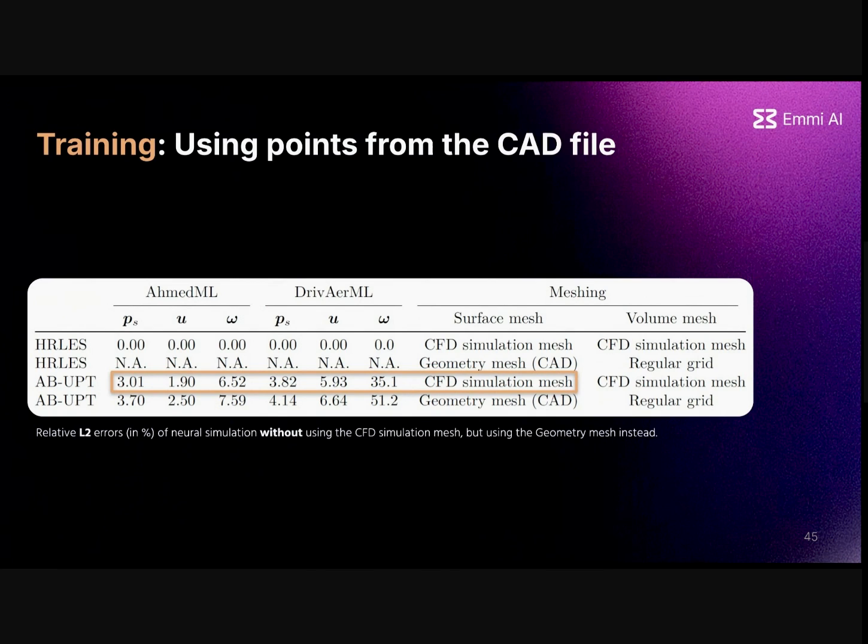This is on AMD and DrivAer ML. But if we only use the geometry mesh, which is way, way cheaper to obtain, for both the anchors and the geometry, we still get quite decent performances. So for inference, you don't need these expensive simulation meshes to still get decent performances using our decoupled multi-branch architecture.